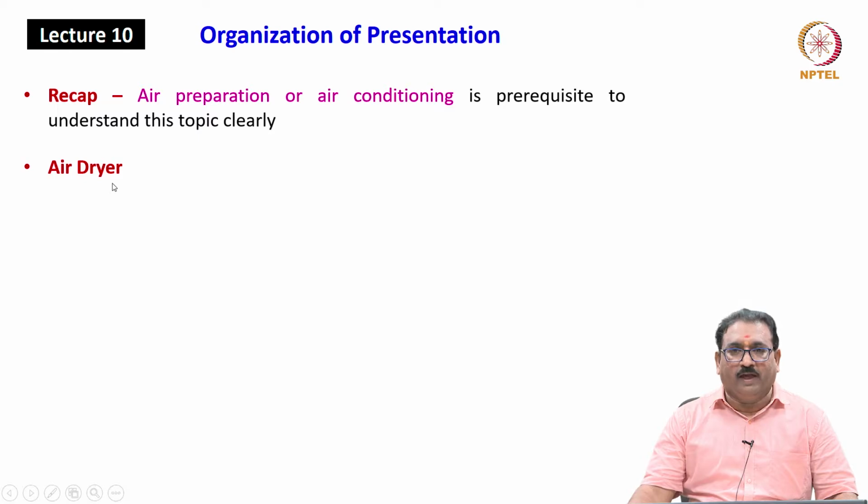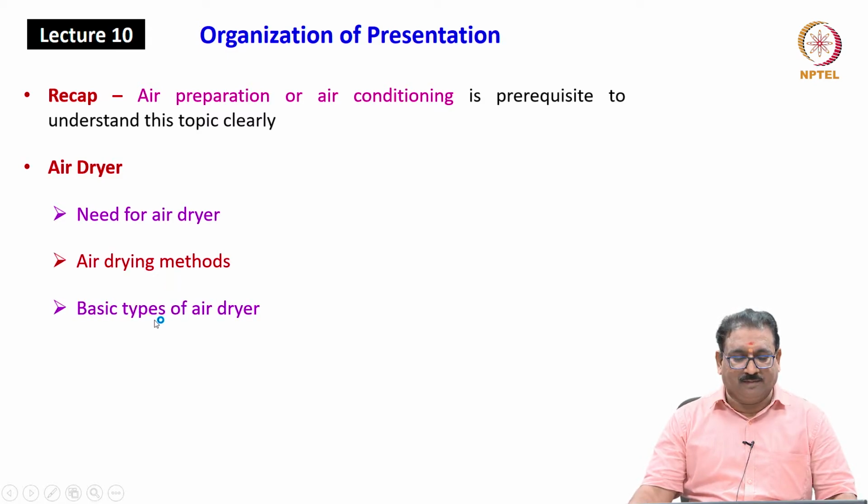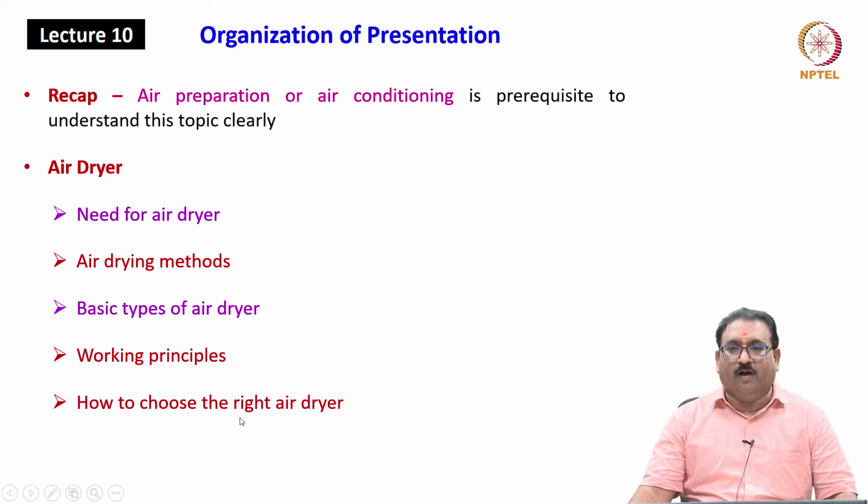Then we will move on to air dryers. Here we will discuss the need for air dryers, air drying methods, basic types of air dryers, working principles, and how to choose the right air dryer for industrial applications. Concluding remarks.